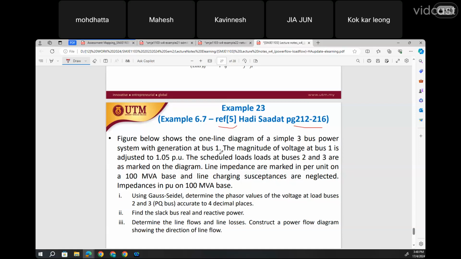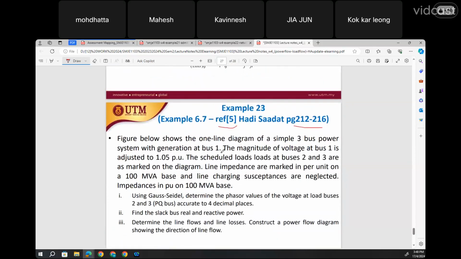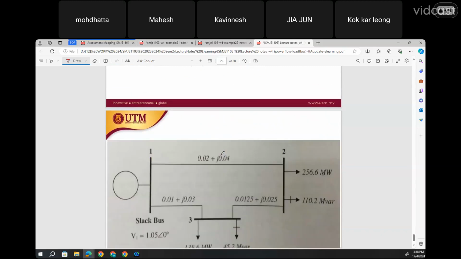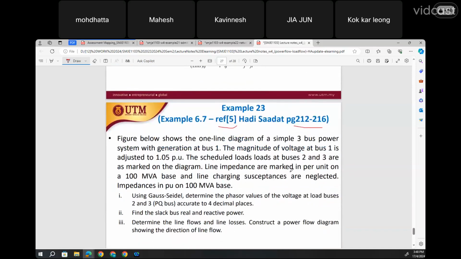Based on the question, it says the figure below. Where is the figure? Oh, here. The figure below shows the one-line diagram of a simple three-bus power system with generation at bus 1. Here we see that we have a generator at bus 1, also considered a slack bus later in the question.